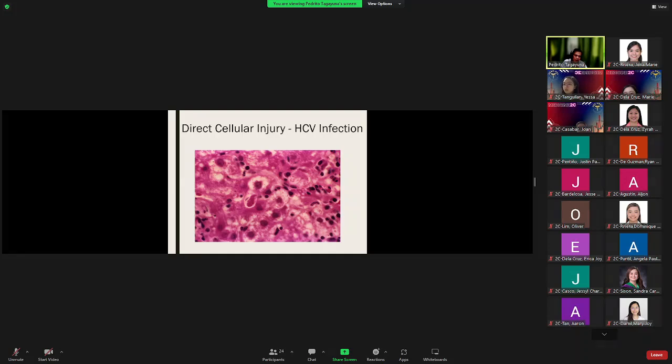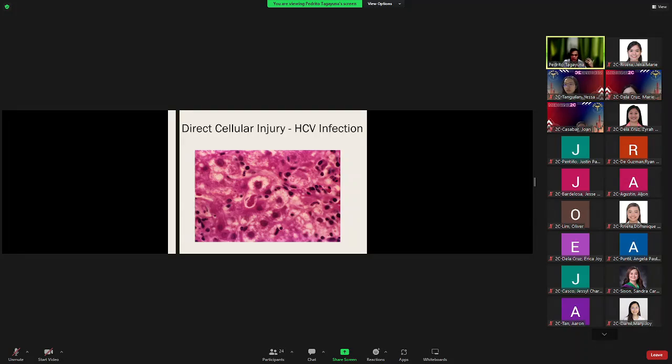So here you see this hepatocyte. This hepatocyte is swollen, and you know that's the first of the changes that you will see in cell injury. This one here is already necrotic. Okay, it has already died. And in necrosis, you know that the cell membranes are disrupted.